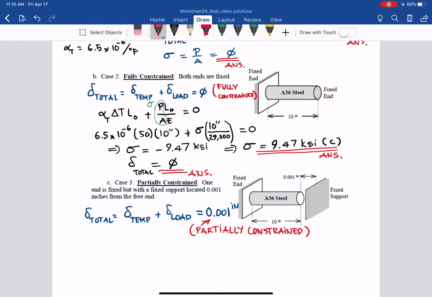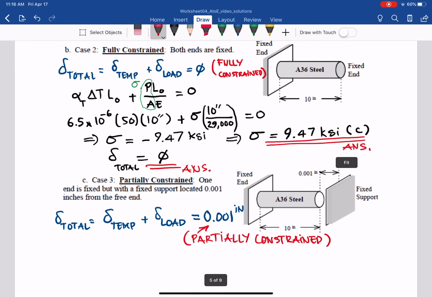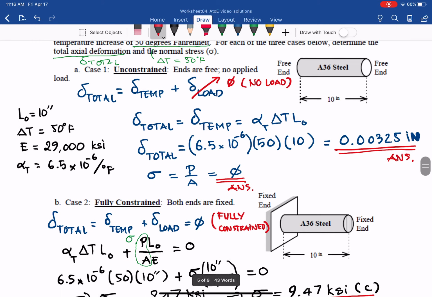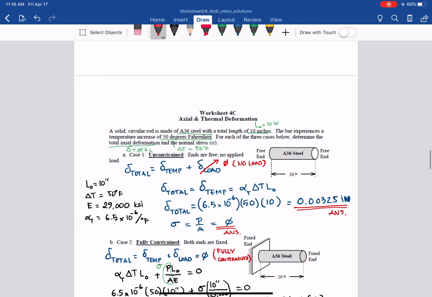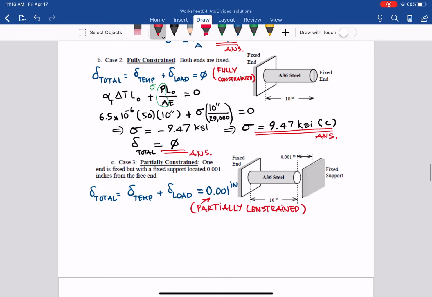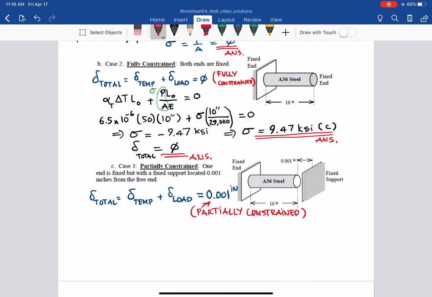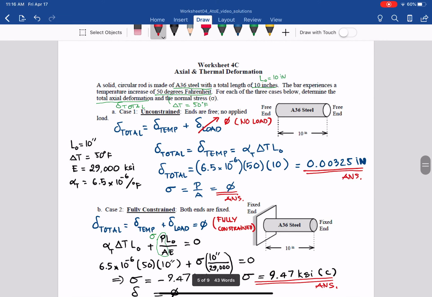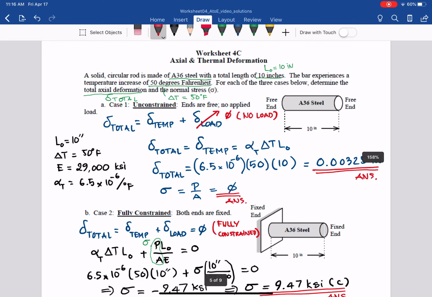And of course, like I say, if the gap here, for example, is greater than that number, 0.004 inch for example, then the maximum total is 0.00325 inch. Make sense?